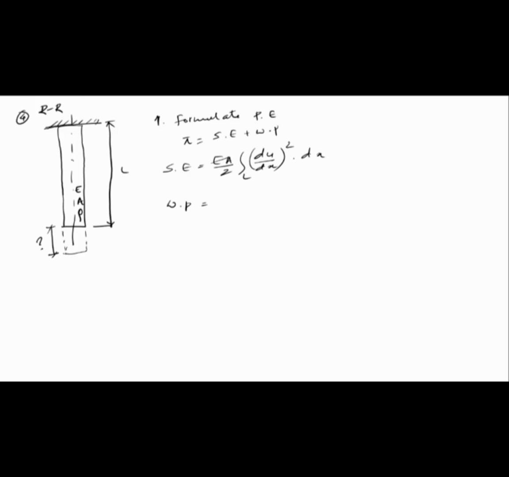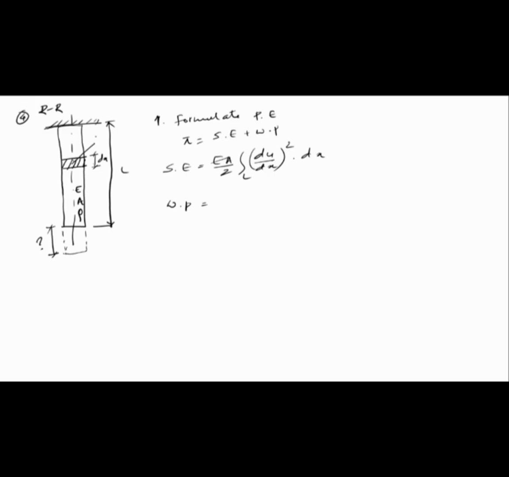Now once again, let us consider a small element which is having a length dx. Can you tell me what is the work potential for this element? It is force into displacement.